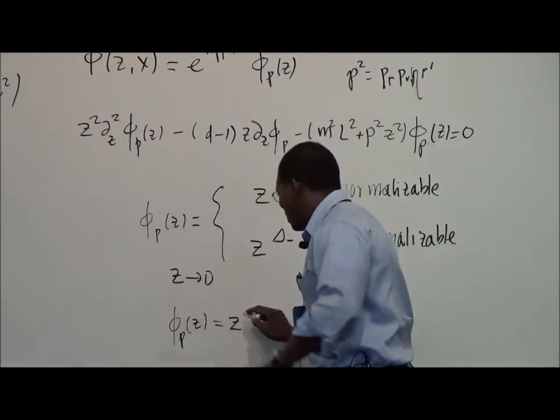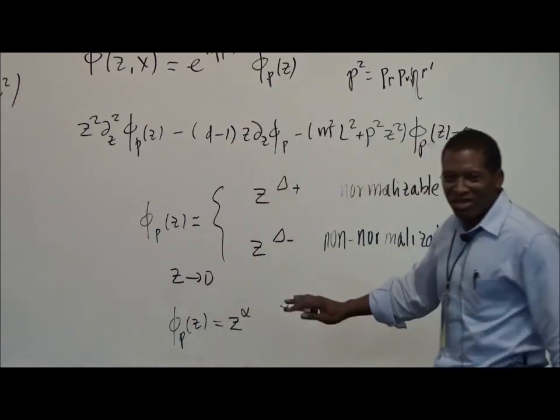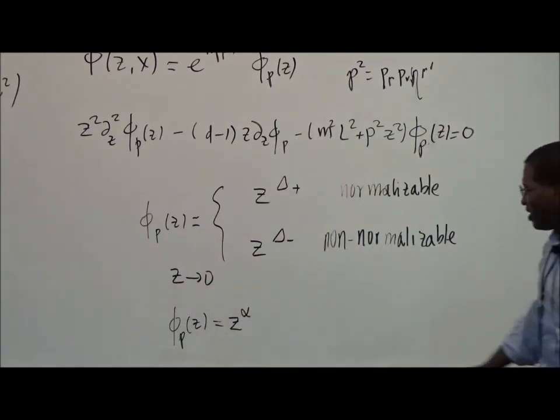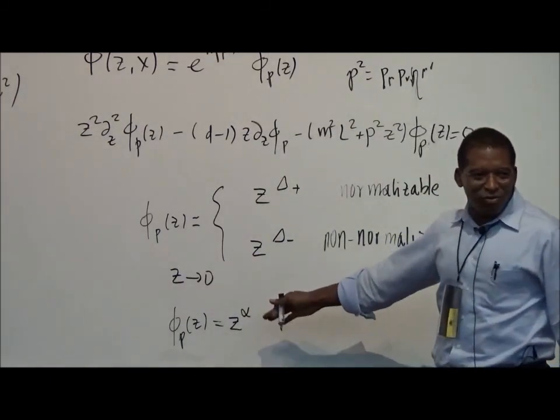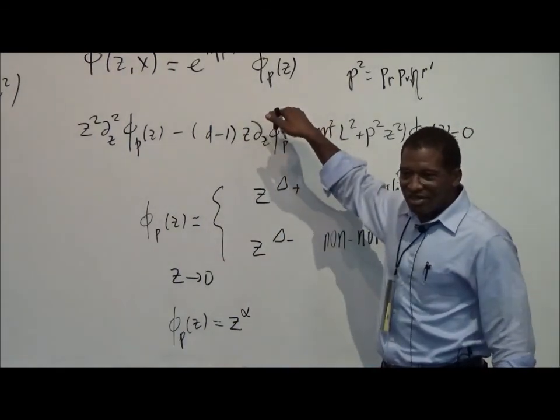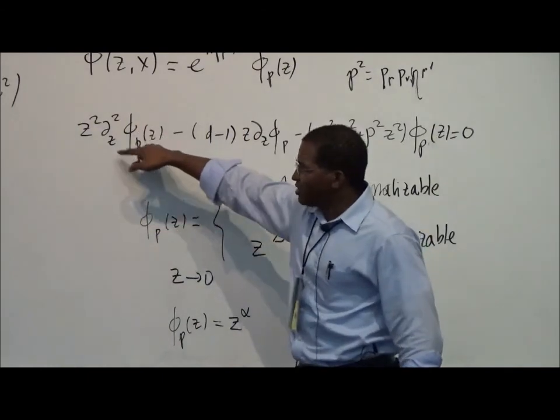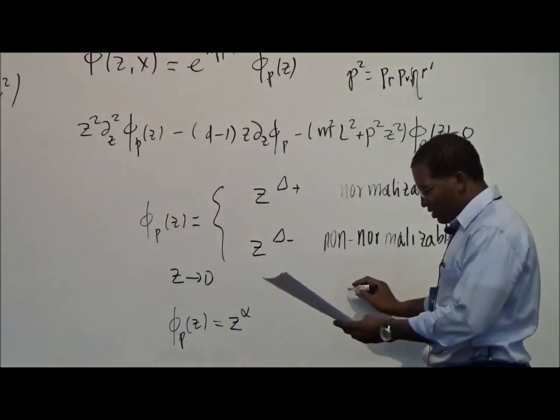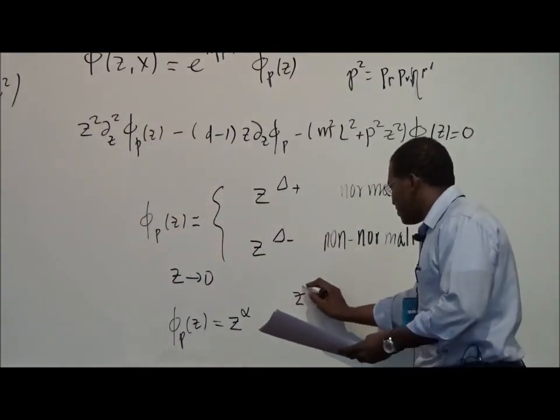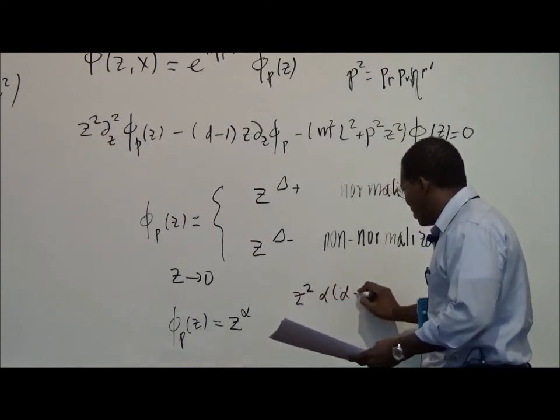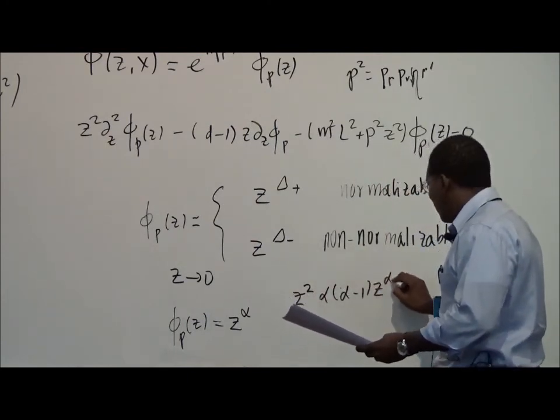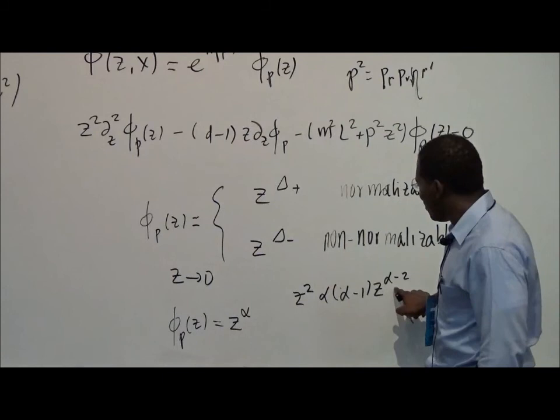This one we can actually do, so that you see that there's no mystery. Everything is just a quadratic equation. If I take this form and plug it in the z equals 0 limit, here I have two differentiations, right? So I will have an equation like this: z squared alpha times alpha minus 1, z to the alpha minus 2, because I differentiated twice.